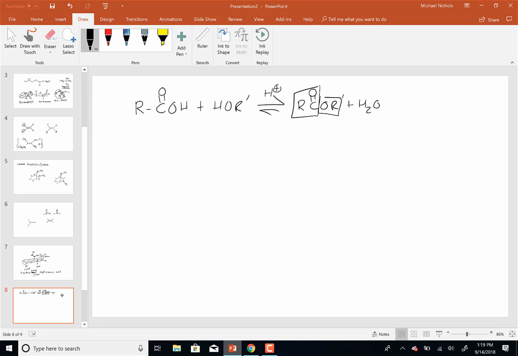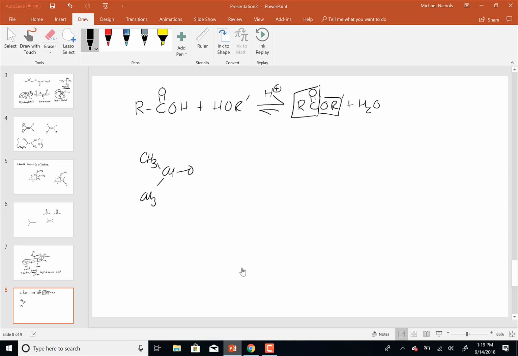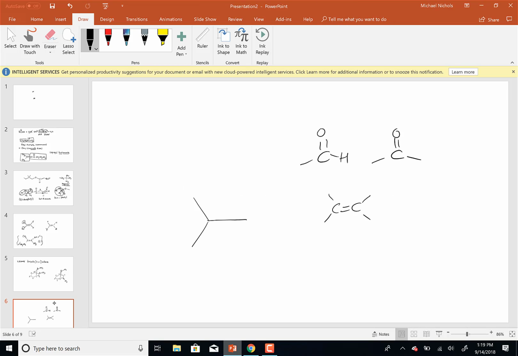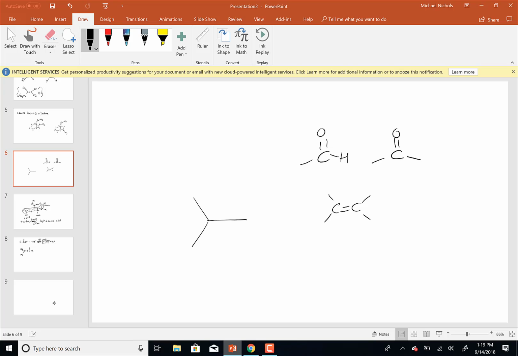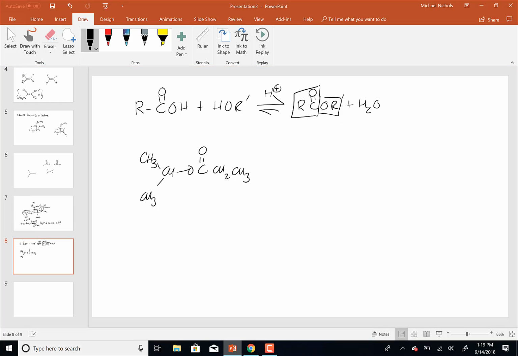So for instance, if I had this ester, the first thing I have to do is name the common name of the alcohol part. So what's the common name of that alkyl group?